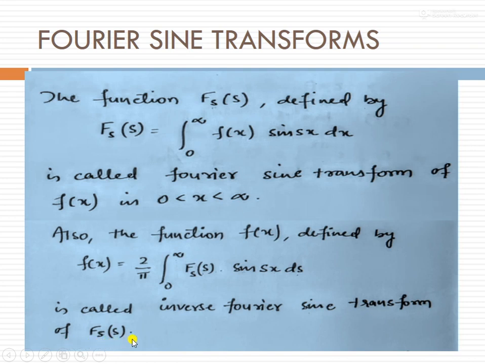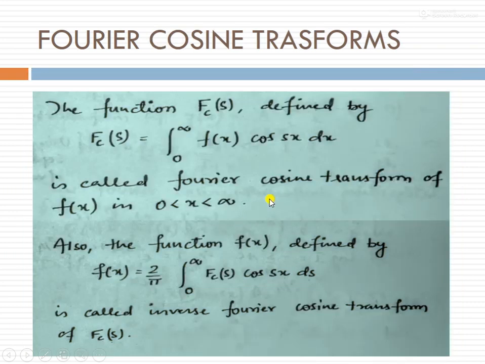And another one is Fourier cosine transform. The function Fc(s) is defined by Fc(s) equal to the integral from 0 to infinity of f(x) cos(sx) dx, in the limit 0 to infinity.